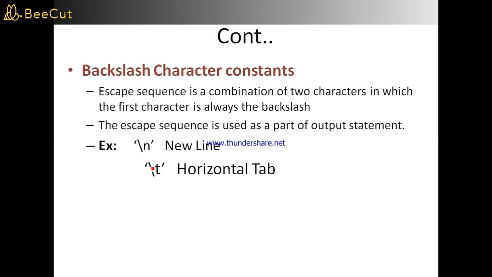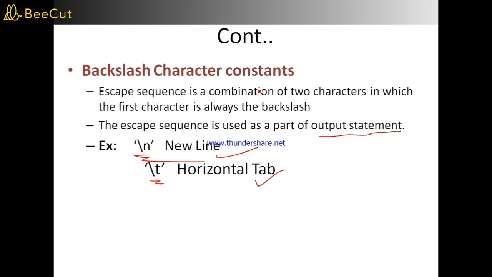But in a programming language we have to use special characters in order to move to a new line or to use the horizontal tab. It is also called an escape sequence. Most commonly these characters are used as part of the output statement.